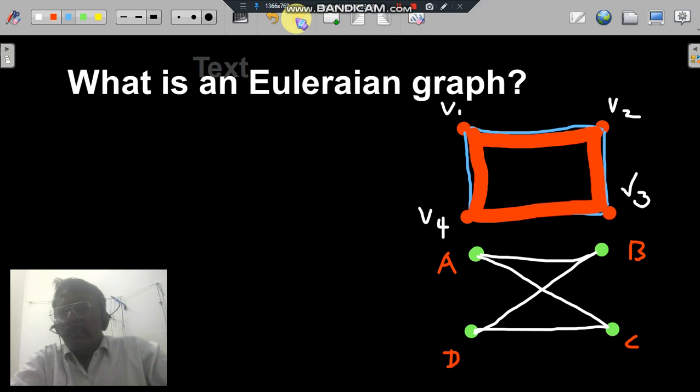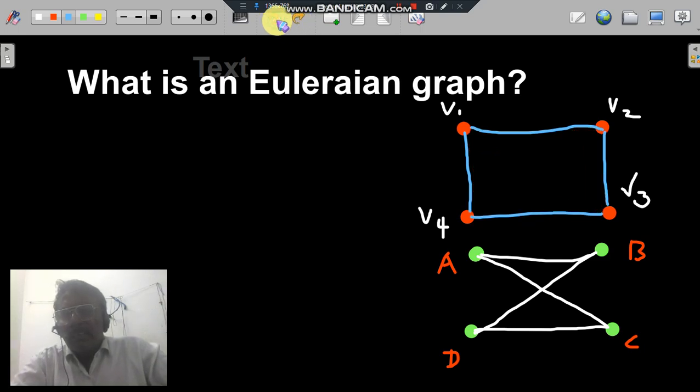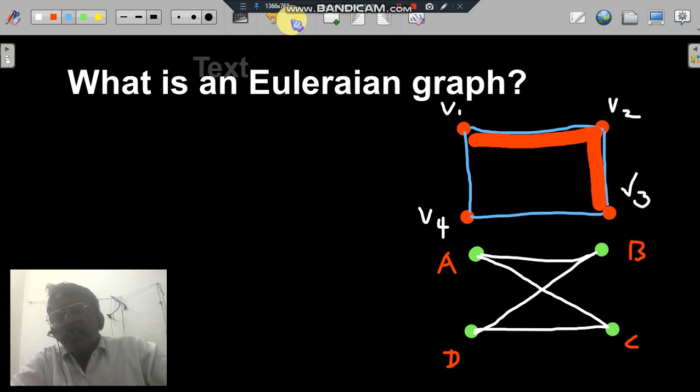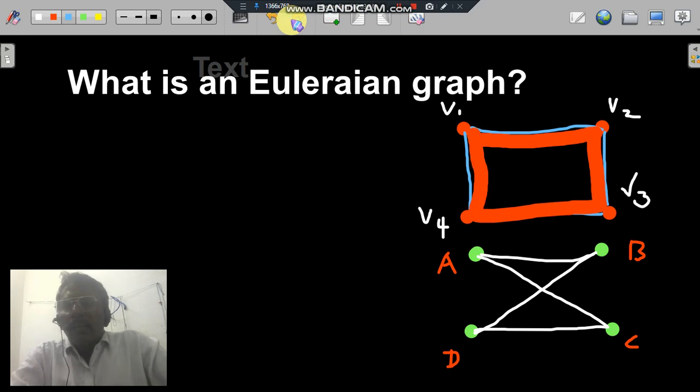Again, look at how I am making the cycle starting from V1 to V2, then V2 to V3, V3 to V4, and V4 to V1. This is a cycle. What type of cycle is this?